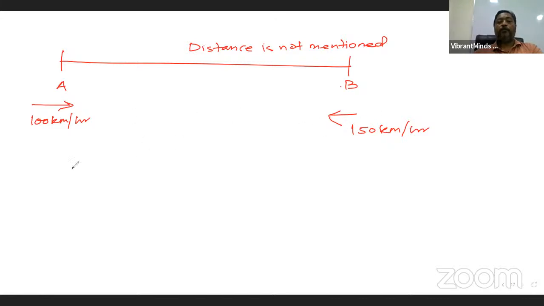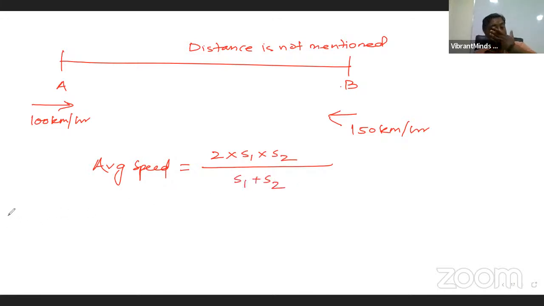In this case, we use this formula: average speed is equal to 2 into speed 1 into speed 2 divided by speed 1 plus speed 2. Now, understand.